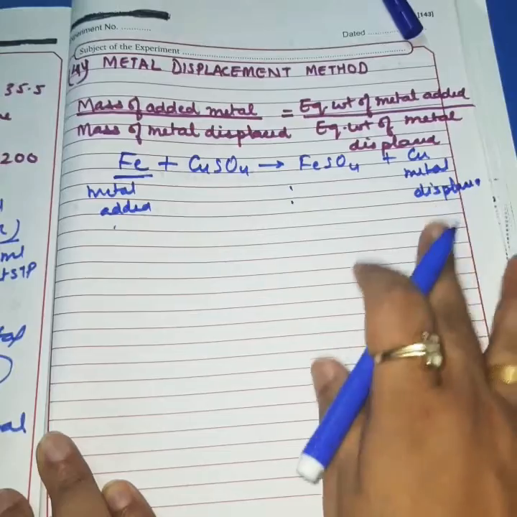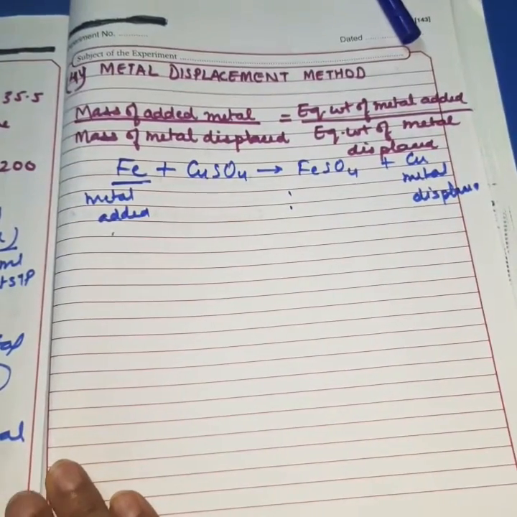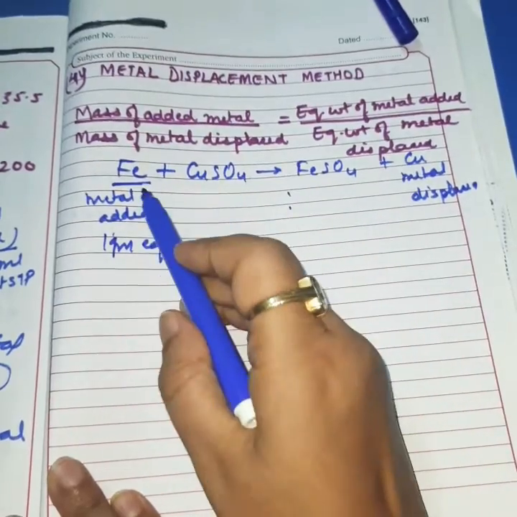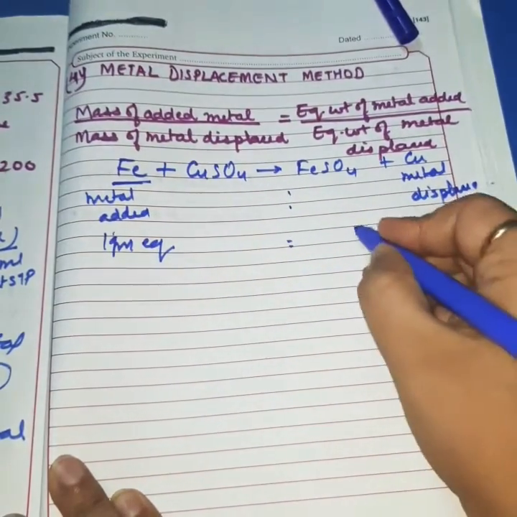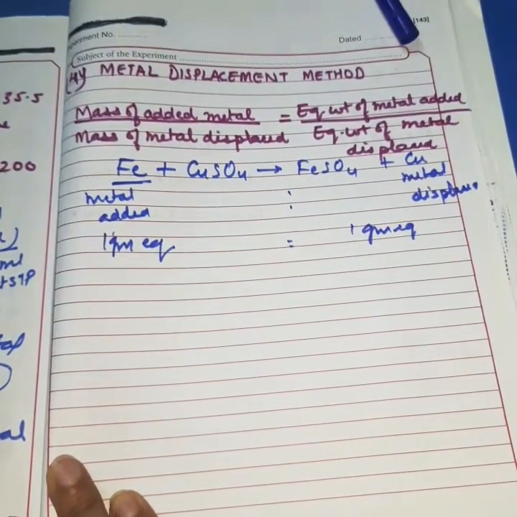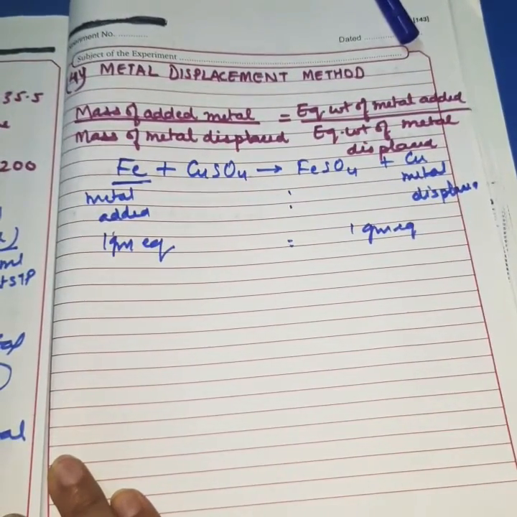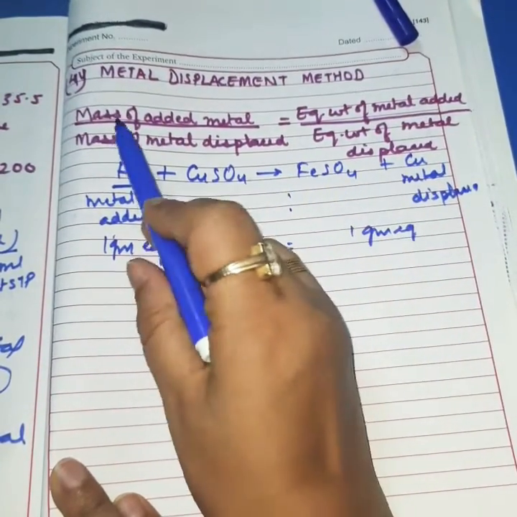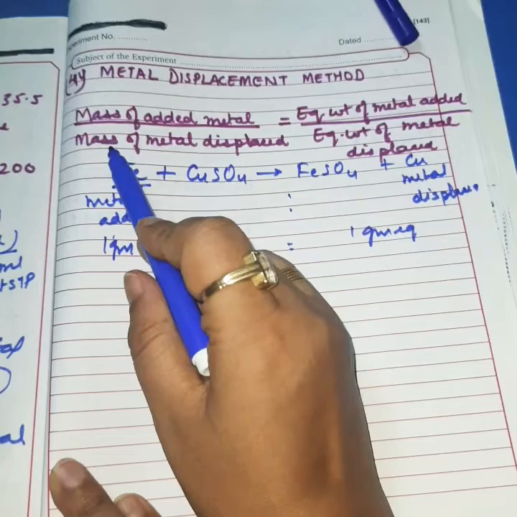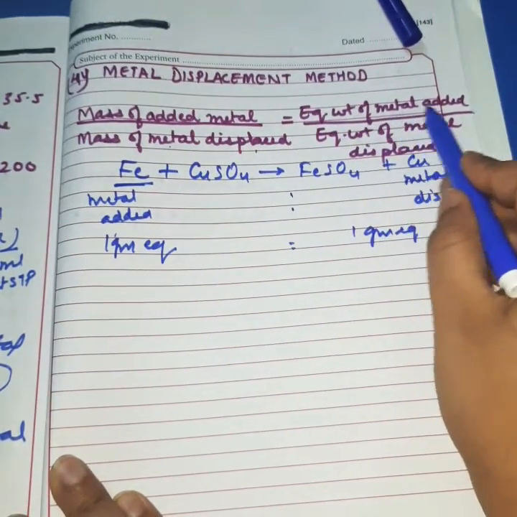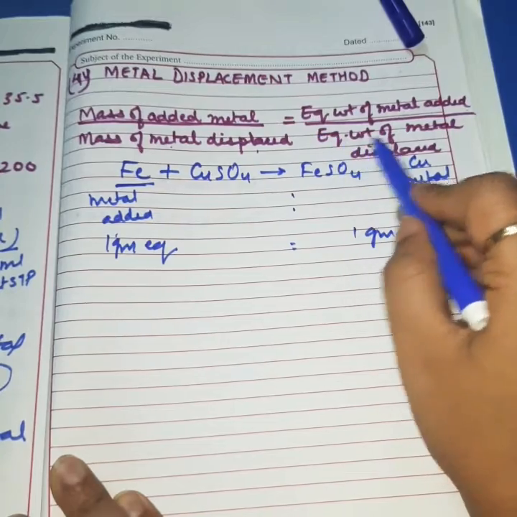Since they have a particular ratio, and also 1 gram equivalent of metal added is equal to 1 gram equivalent of metal displaced, based on this fact we can write this ratio in the form of a formula: mass of metal added upon mass of metal displaced is equal to equivalent mass of metal added upon equivalent mass of metal displaced.